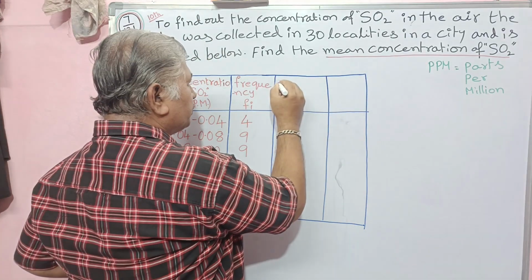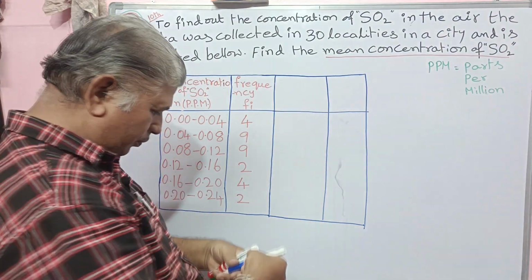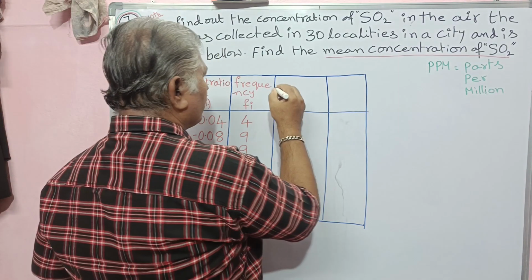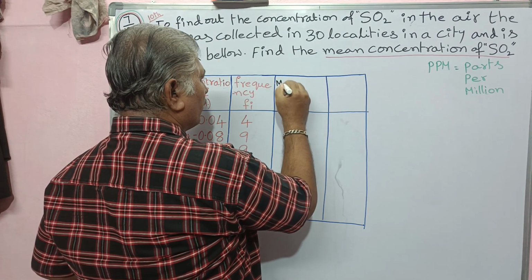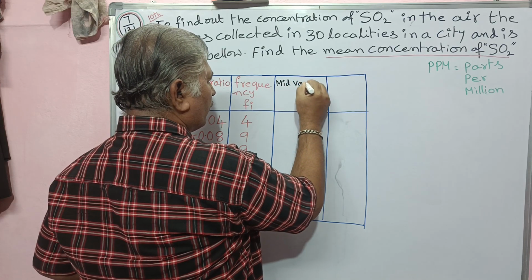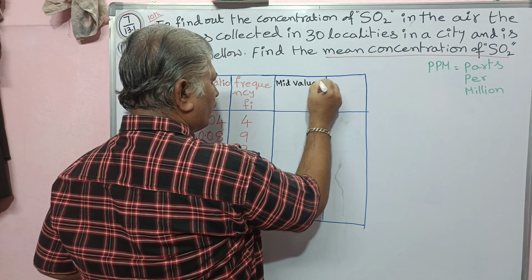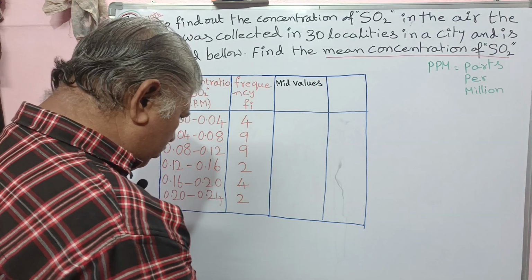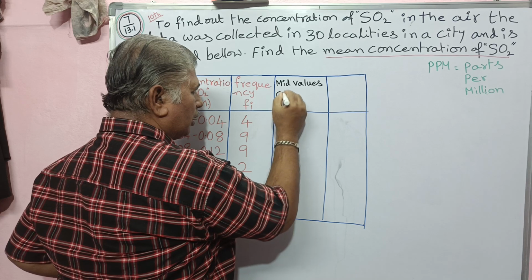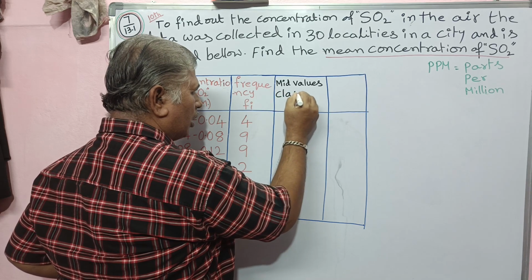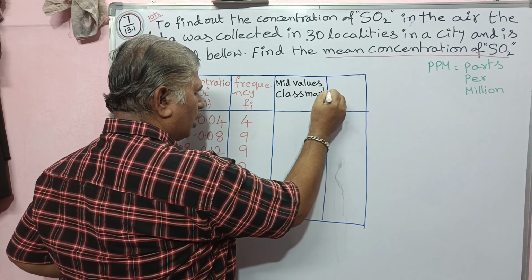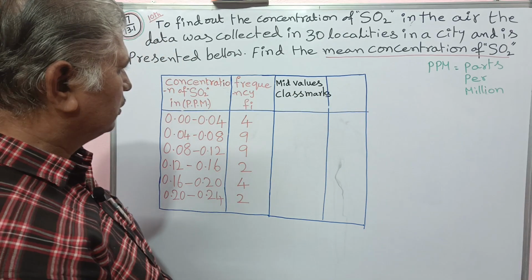This is mid values, also called class marks.